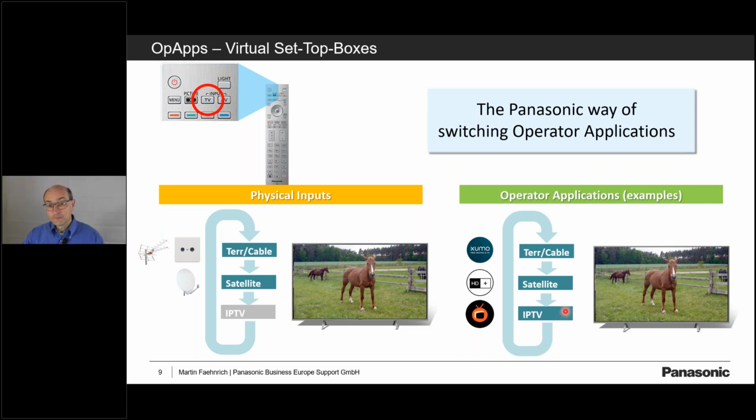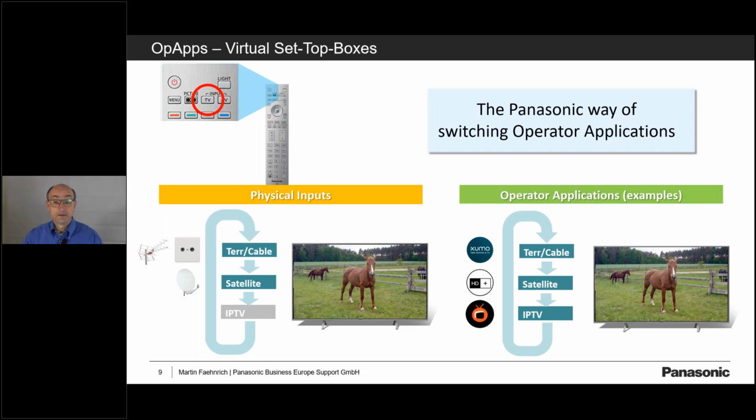And moreover, in the Panasonic solution, I can put some corresponding apps on the corresponding layer. Means I can also, for example, in case of satellite, replace it with HD+, or in the terrestrial case, I can replace it with Xumo, and I can then toggle through the operator apps just as if the TV would be directly connected to a tuner.